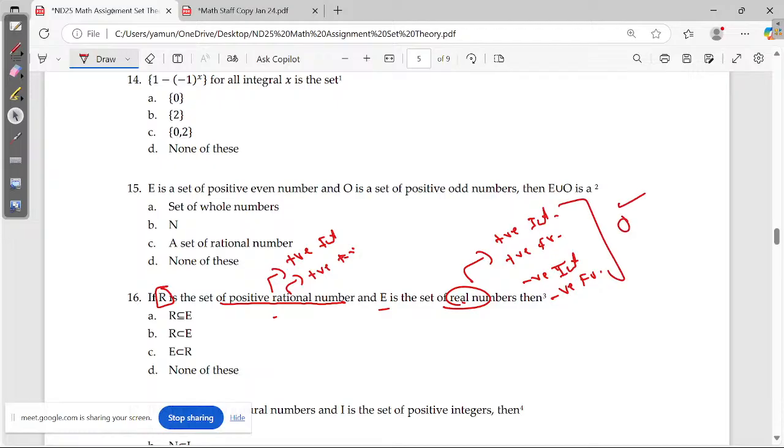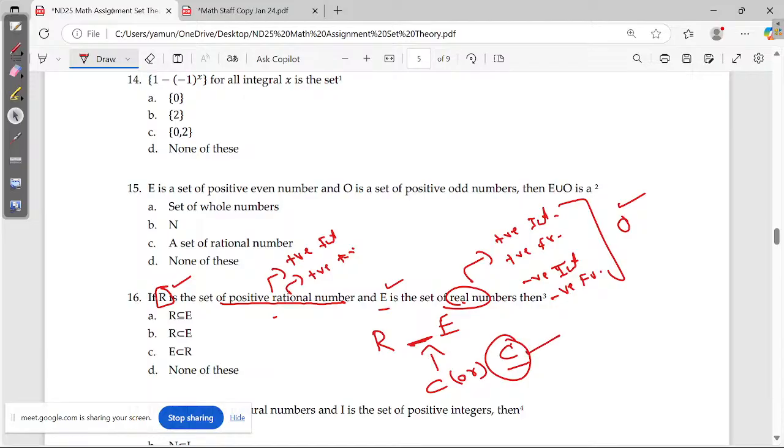See, now we have some nature about R and some nature about E, which means I can say it's a proper subset. So I fill this dash with this symbol or this symbol. When I use this symbol, it's a subset. When we are talking about proper subset, we will not use this one.